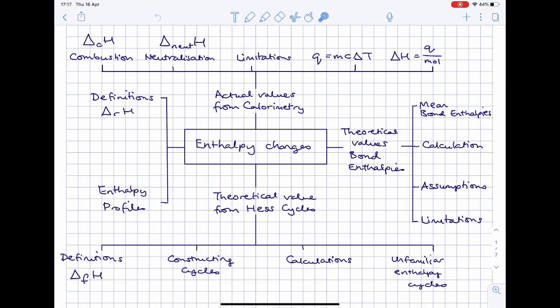So in the last 2 videos, we covered this section of the enthalpy changes topic. We know how to construct Hess cycles using enthalpy change values given to us in tables. We can use those cycles to do some calculations, and also because we can construct cycles from scratch rather than just learning a method, we can deal with unfamiliar cycles as well, hopefully.